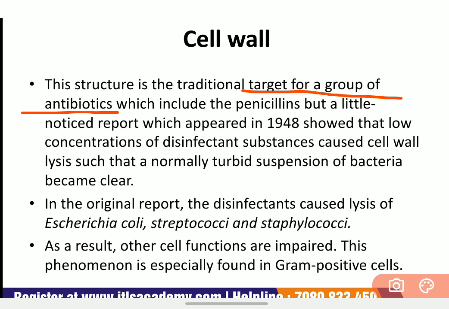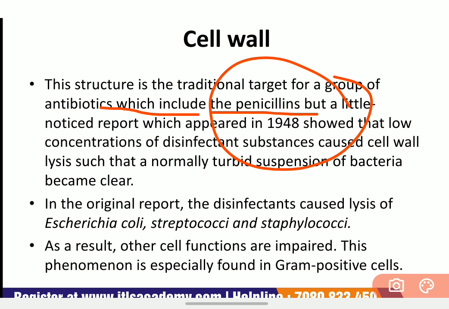Many of the antibiotics work by degrading the cell wall, which includes penicillin. Penicillin is an antibiotic which works by degrading the cell wall, and it inhibits the synthesis of peptidoglycan, that is a major component of the cell wall of bacteria.